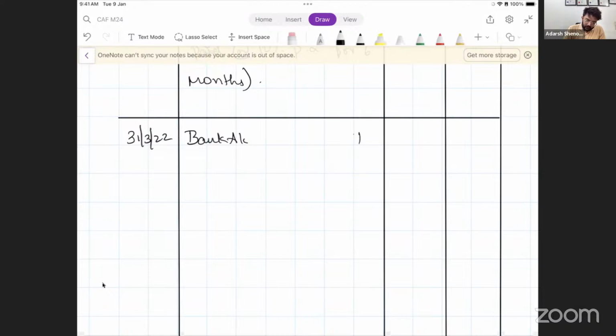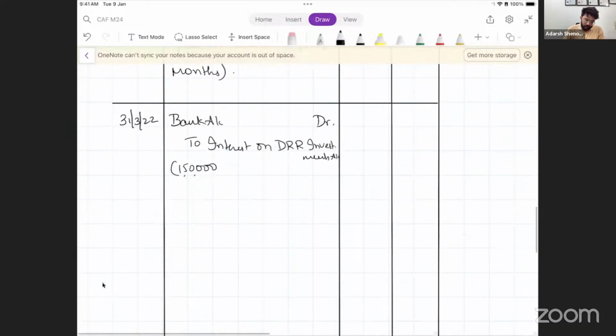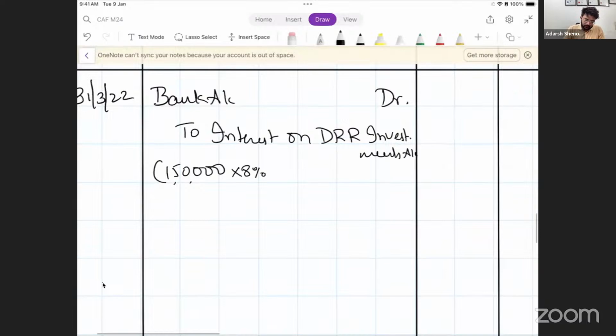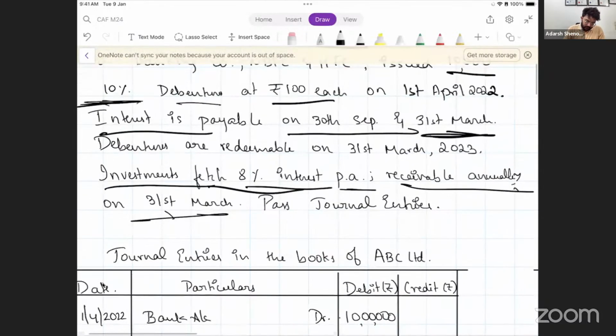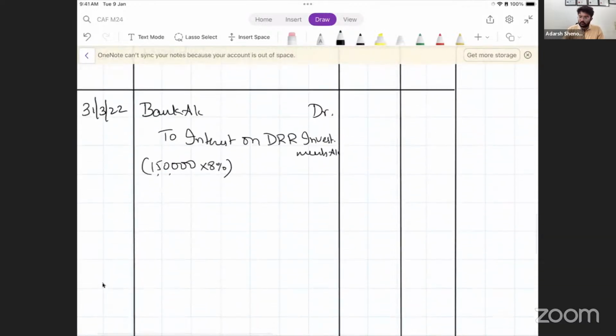Bank account debit to interest on DRR investments account. So 1,50,000 I have invested, correct? Into 8%. Interest rate is 8%, even in the question. Okay, so 1,50,000 into 8%.